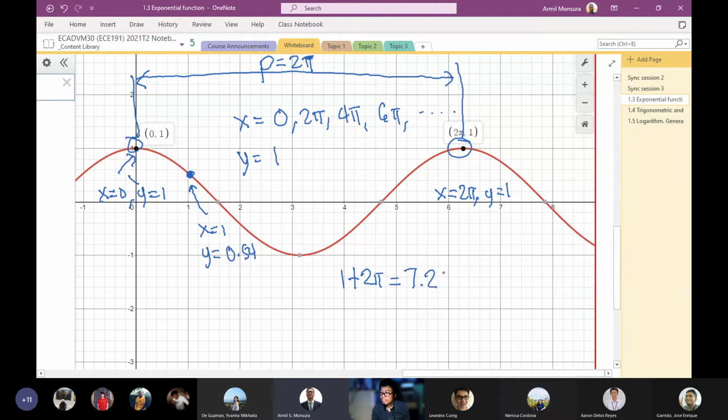So, hanapin natin yung x equals 7.28 dito.